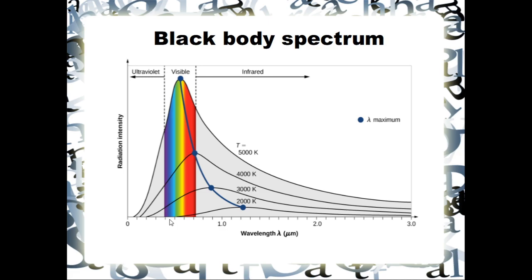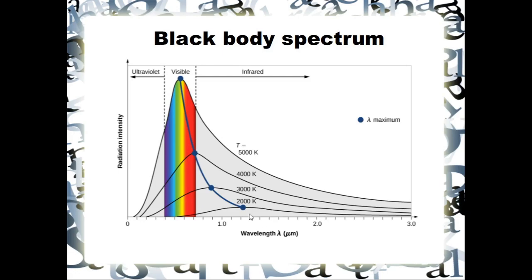Here in this figure, we plot radiation intensity against wavelength of a blackbody. Here you can see that higher the temperature, higher the frequency at which maximum emission occurs. That is, as we go up, we are plotting radiations with higher and higher temperatures.